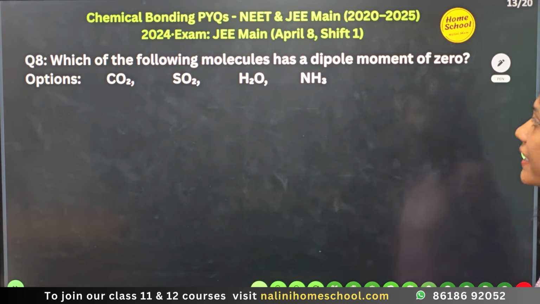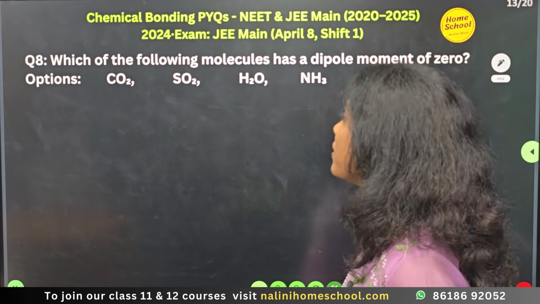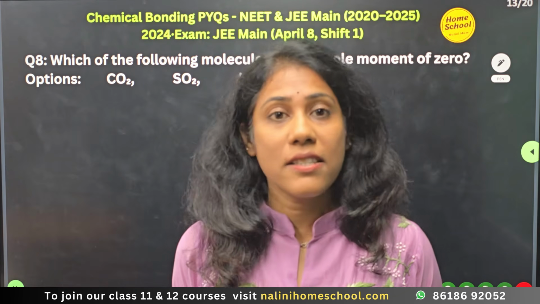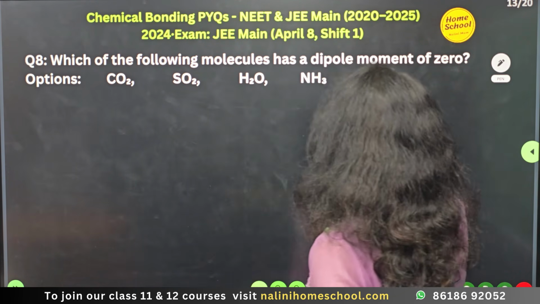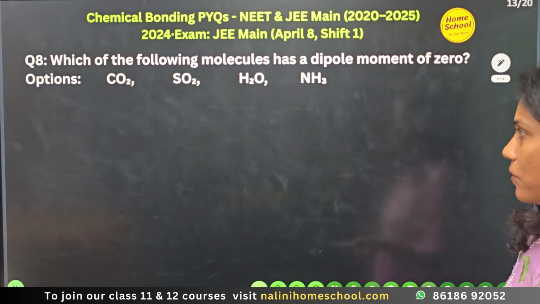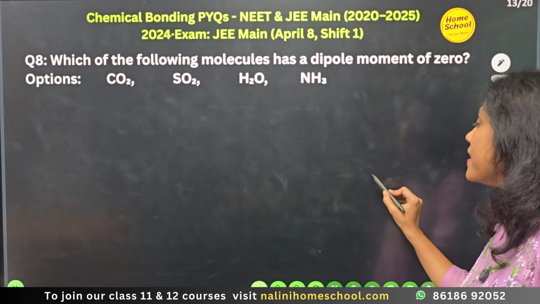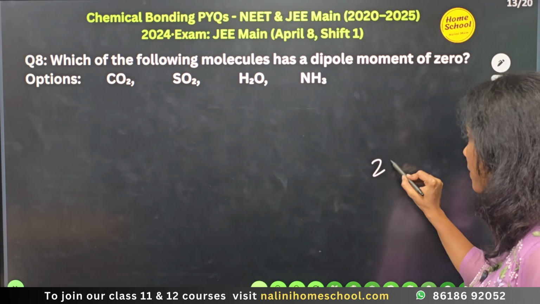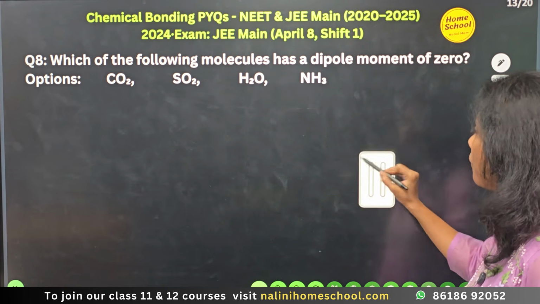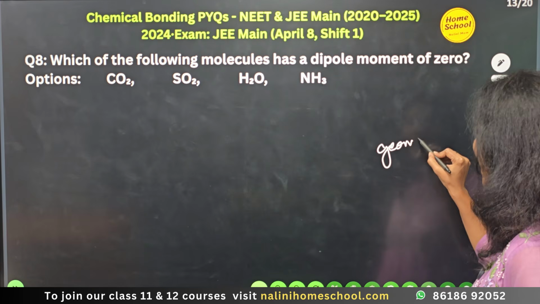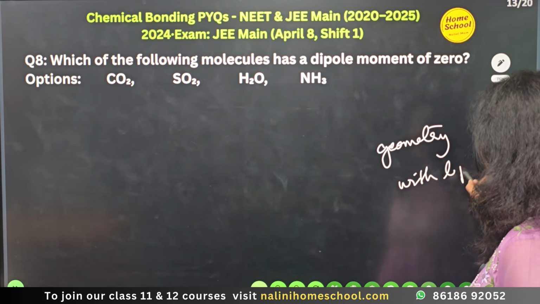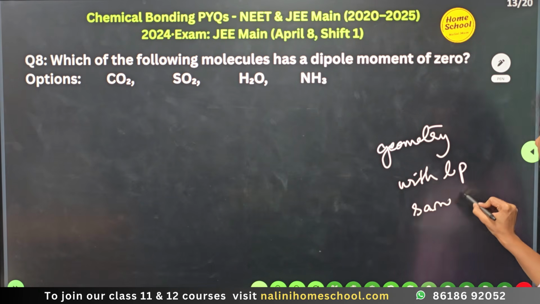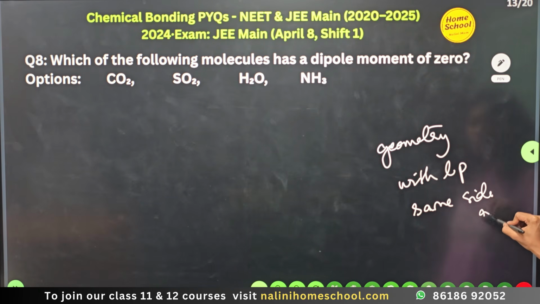Now moving on to the next question, similar to the question that we solved in the previous video. Which of the following molecules has a dipole moment of 0? When do you have dipole moment 0? Perfect geometry, without lone pair and same side atoms.